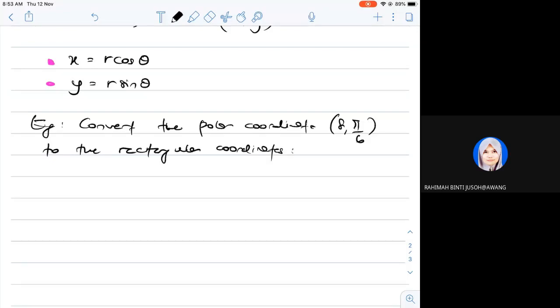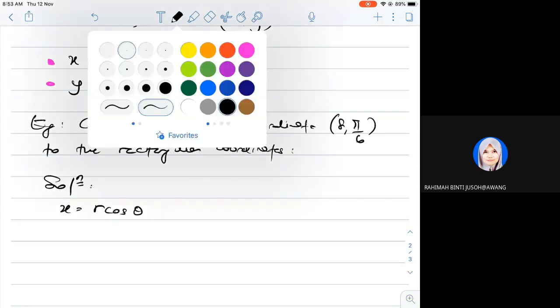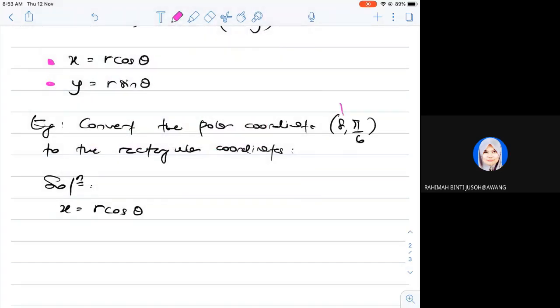Okay, so we have the solution. x equals to r cos theta. From here, 8 is our r, and pi over 6 is our theta. So we just substitute into the formula. We have r equals to 8, and then cos pi over 6.